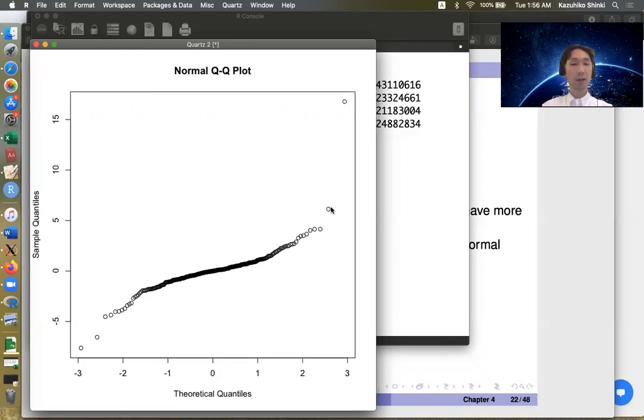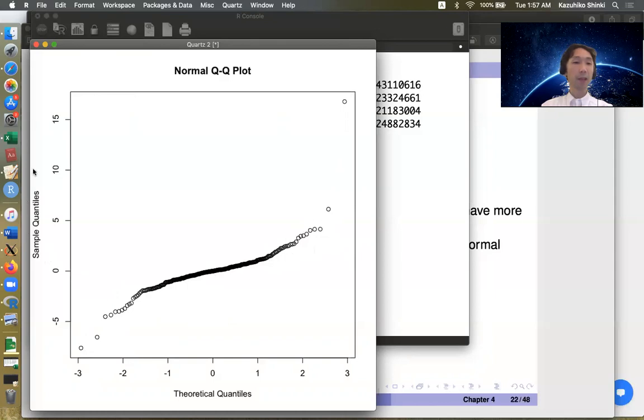The second one is also about 7. If the trend line is around here, these observations are clearly larger, and even these observations, maybe from 1.5 to 2.5 in x value, are clearly off the trend line. And the other part is similar: these observations are much lower than the trend line.